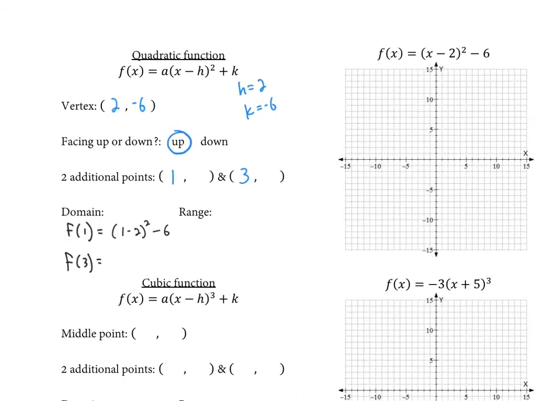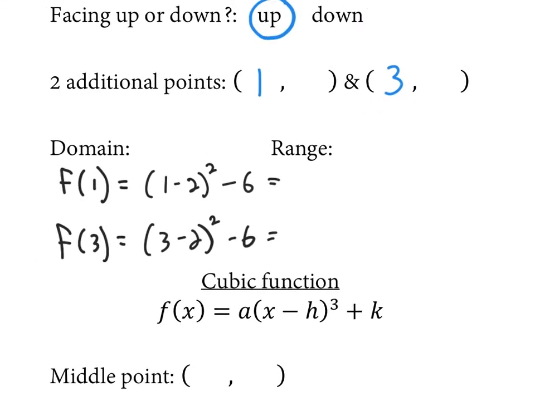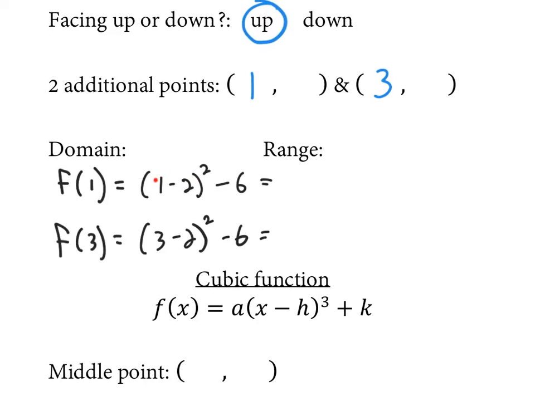Okay, and then we'll also plug in 3 into the function. We'll just do them like this. For the top one, 1 minus 2 is negative 1, and negative 1 squared is 1. And then we still have that minus 6. And 1 minus 6 is negative 5.